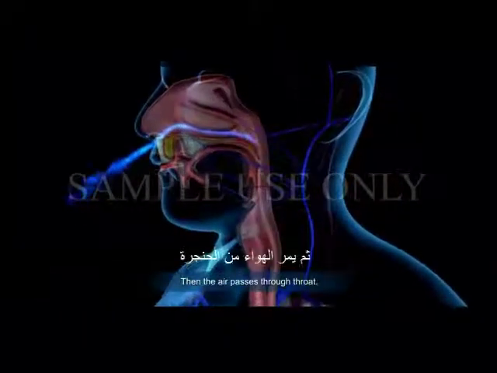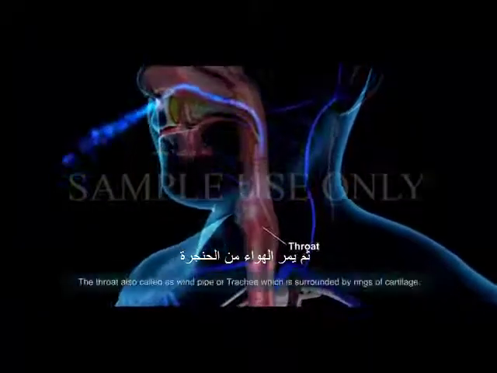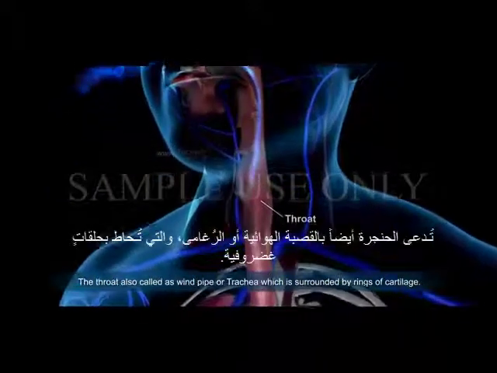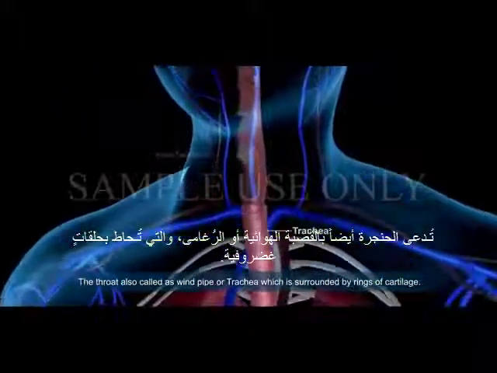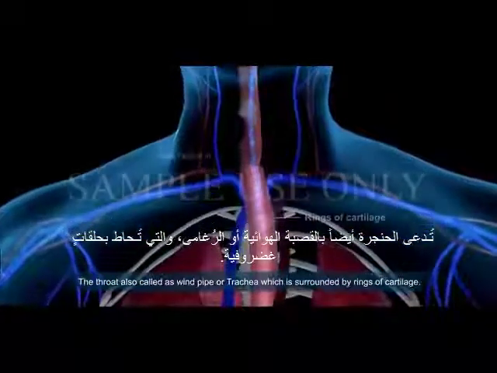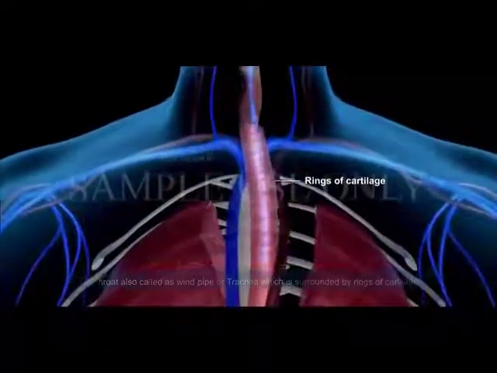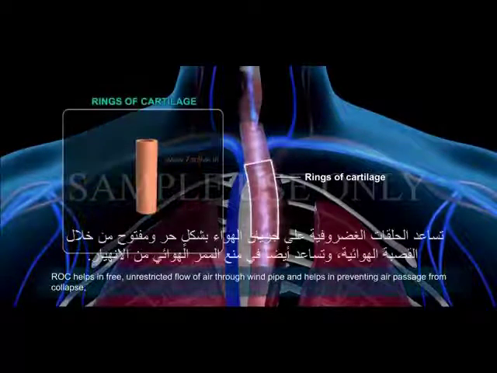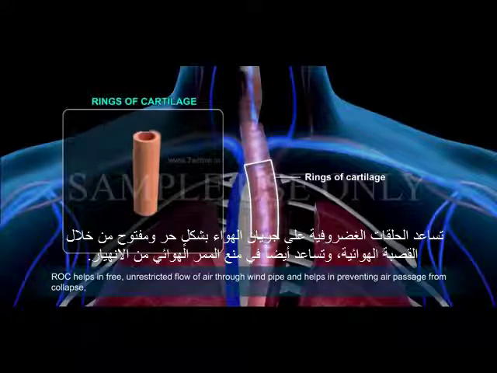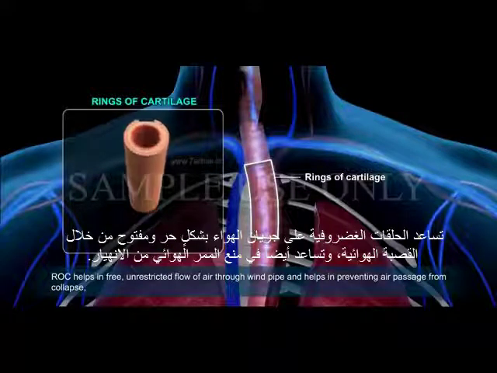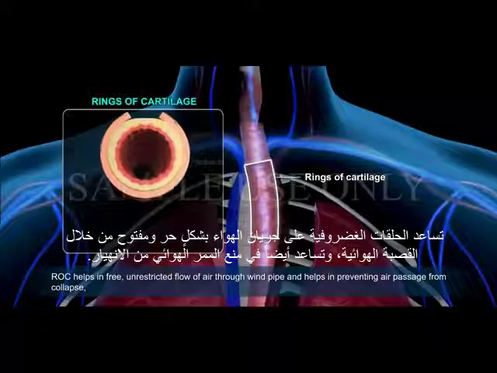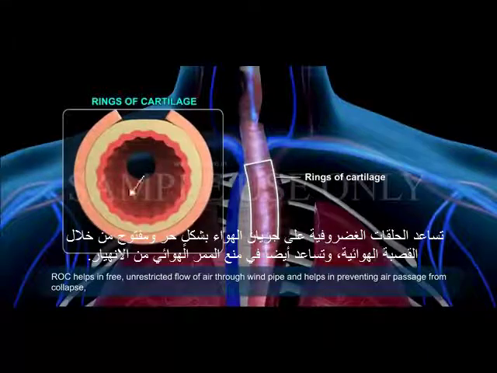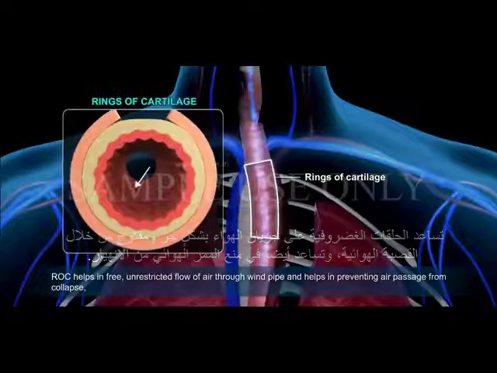Then the air passes through the throat. The throat, also called the windpipe or trachea, is surrounded by rings of cartilage. What is the necessity of rings of cartilage? Rings of cartilage help in free, unrestricted flow of air through the windpipe and help in preventing the air passage from collapsing.